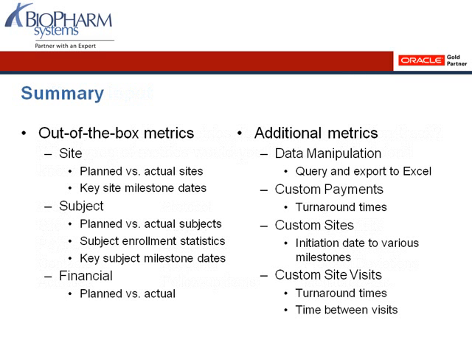So just to summarize, again, we looked at out-of-the-box metrics, for site and subject and financials. And again, the key thing there is it was very basic around simply just tracking what our planned number of sites or planned number of subjects and our planned budget for a particular site is going to be, and then drawing that in comparison with just the actual, so actual number of sites, actual number of subjects, and the actual financials that we've spent on a particular site or a particular protocol, and again aggregating that all the way up to the protocol level.